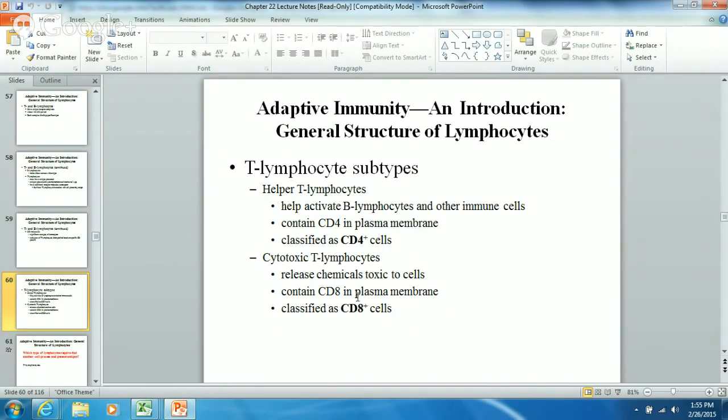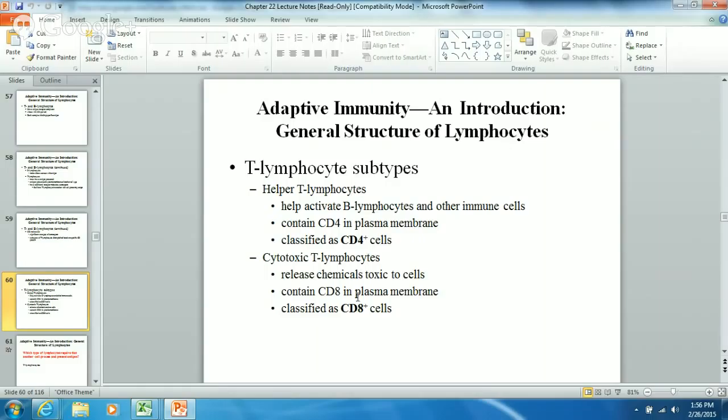Two of the cells that you'll talk about anytime you're studying adaptive immunity, as far as CD molecules, is a helper T cell, which has a CD4, and a cytotoxic T cell, which has a CD8. You'll notice that helper T cells have CD4s because they need to be able to go and talk to B cells and activate them.